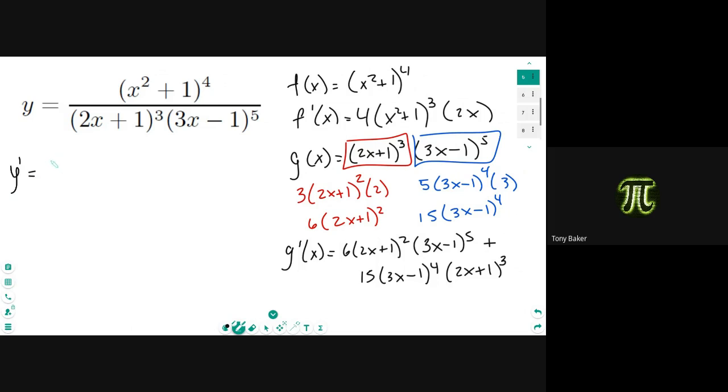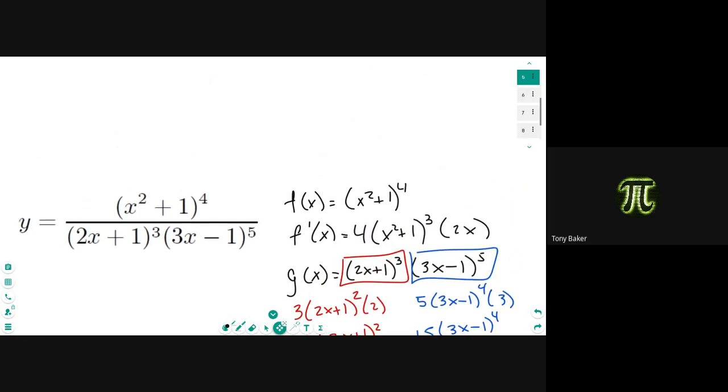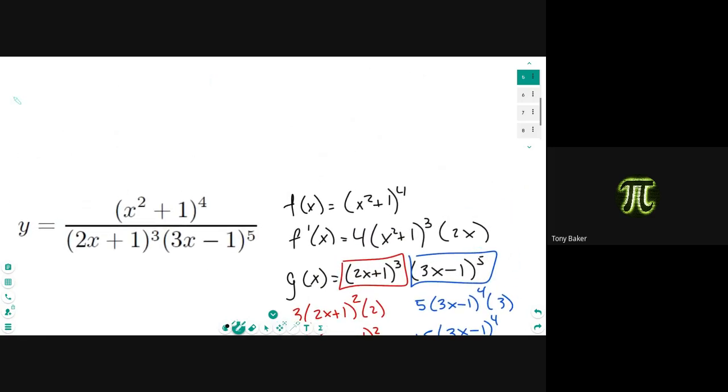Okay, there's no way I'm fitting that all in there, so we're going to do it this way.